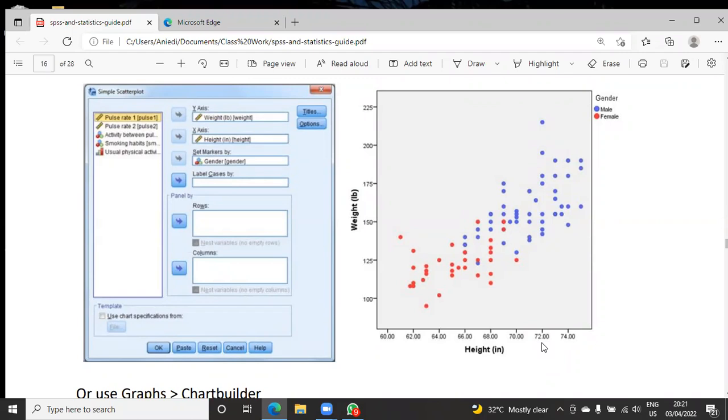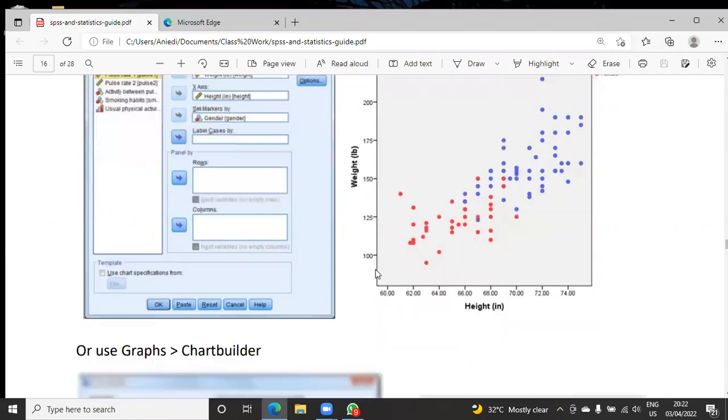Yes, sir. You can also see that when they were inserting these variables into the x-axis and y-axis, they made gender the markers. When we learn SPSS next week, we are going to see how to make categorical data into markers where you separate them, especially if they are nominal data.